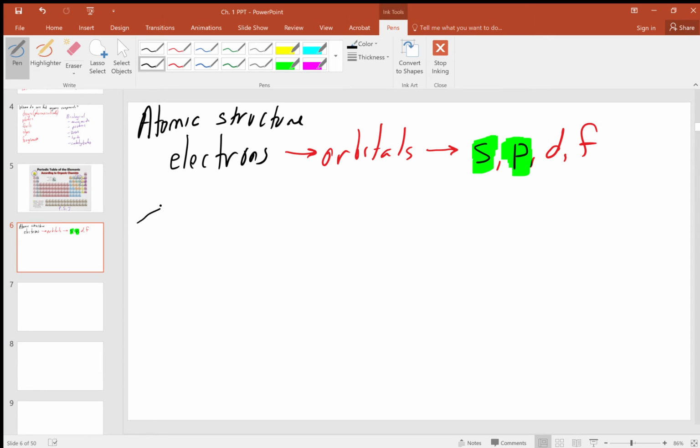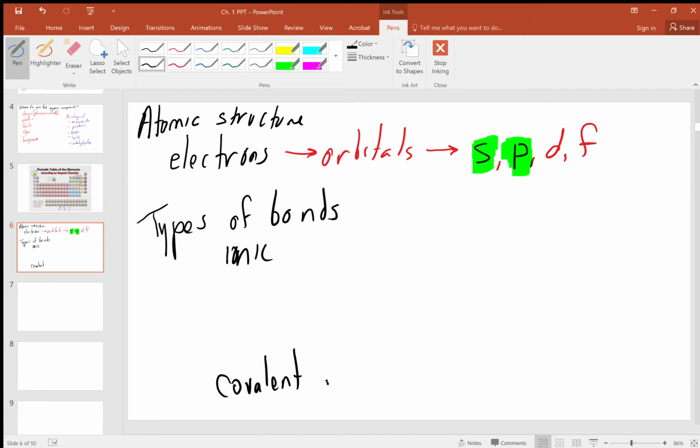Now, what do we remember about the types of bonds? So we should recall that there are three main types of bonds: ionic, covalent, and polar covalent.